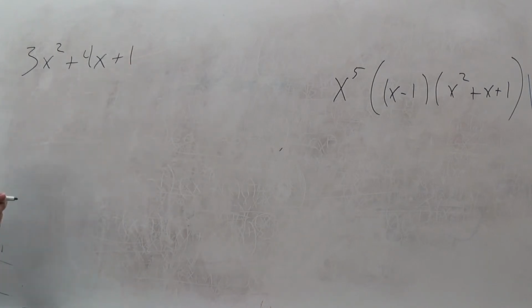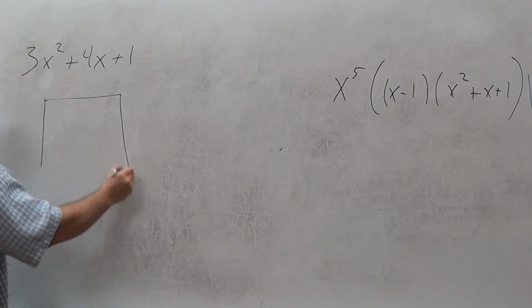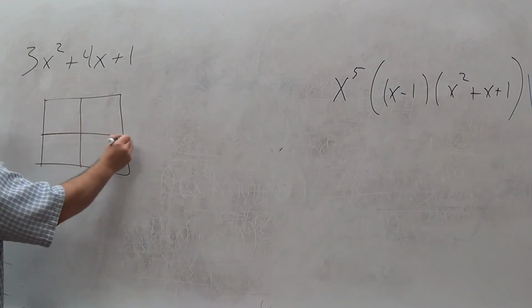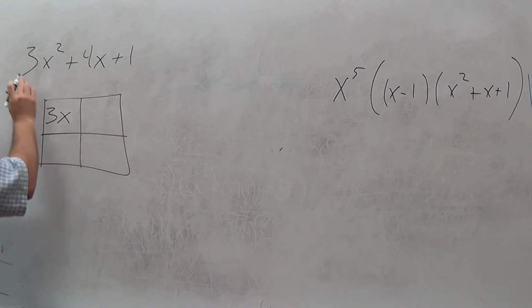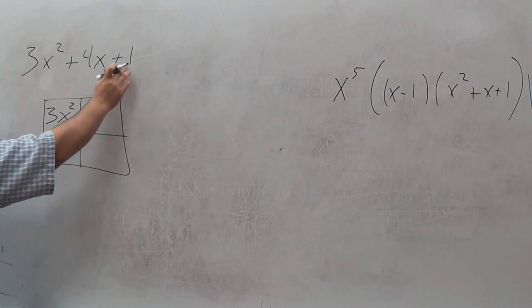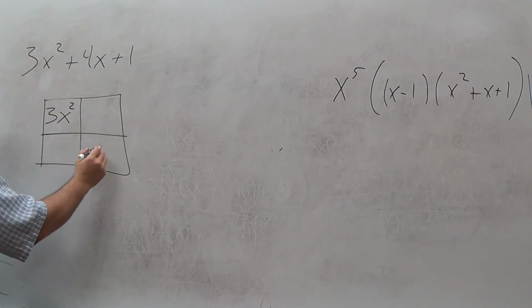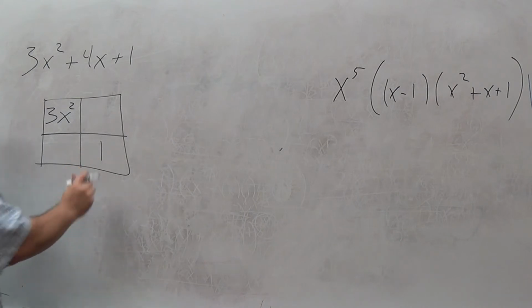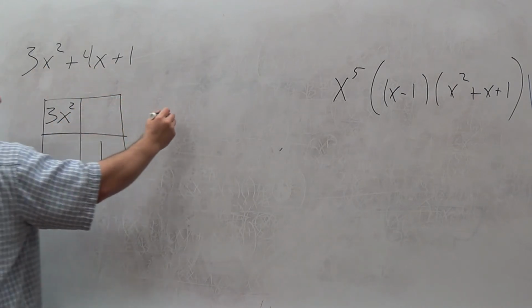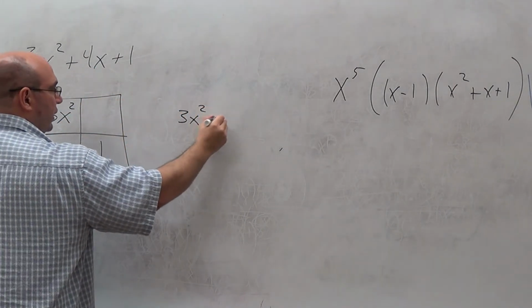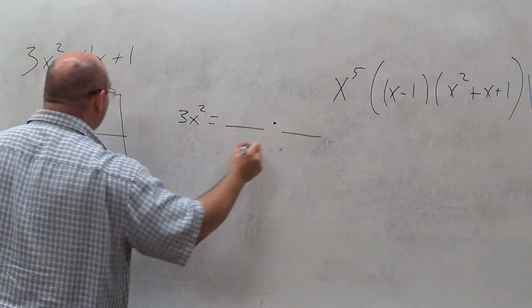Once again, for factoring, you should already have this down, but in the event you need a quick review, we throw our box down, we throw our first term here, our last term there, our ax squared, and our c drops down. I multiply these two together, so I say 3x squared is equal to some number times a number.